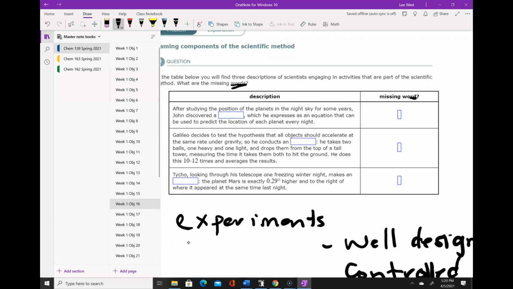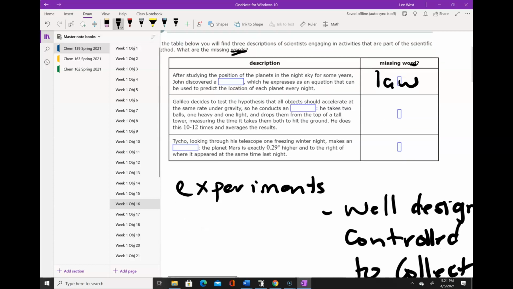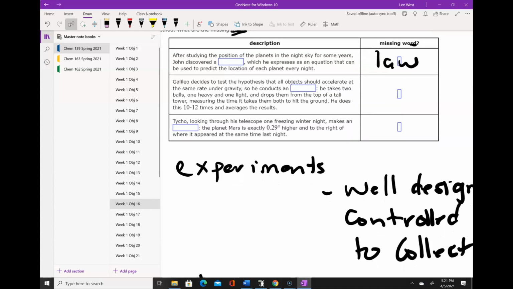And this has got to be a law. It doesn't tell you why, it just tells you what. And it's not just based on one observation or experiment, it's a bunch of experiments, right? A bunch of observations. There they are for years, right? So yeah, that's it. It's a law. It's a summary of a whole bunch of observations. All right, let's move on.